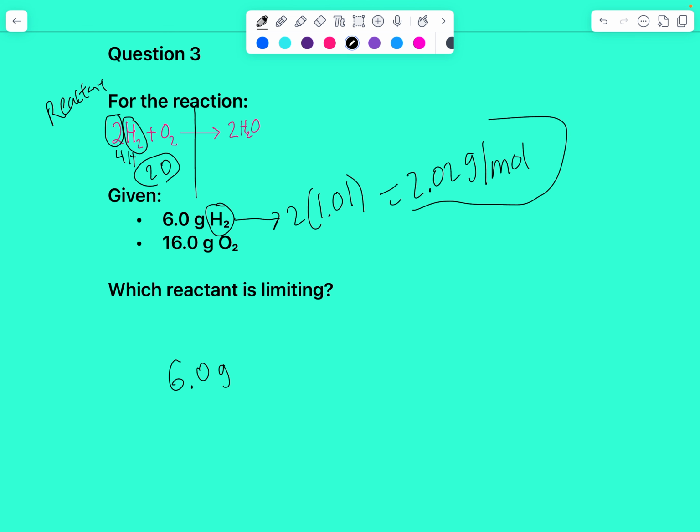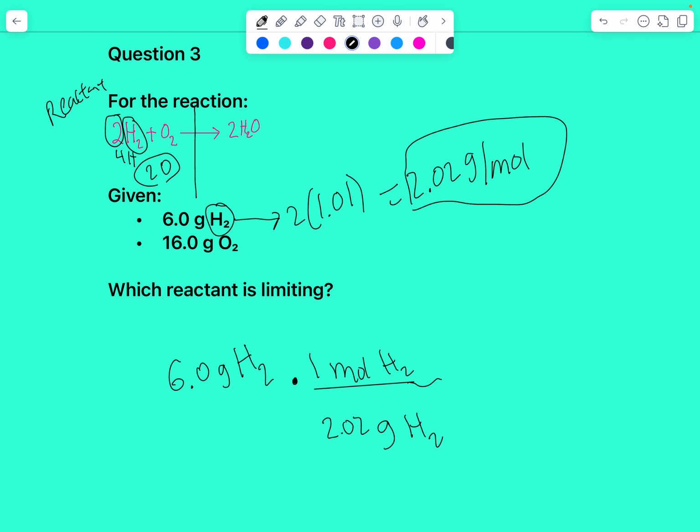That 2.02 grams per mole comes from the periodic table, and that's the way we're able to get into moles, by using the periodic table's molecular masses. So always start with what you're given, because then you'll also cancel out the units you don't need. You have 6 grams of H2, and 2.02 grams of H2 for every 1 mole of H2.